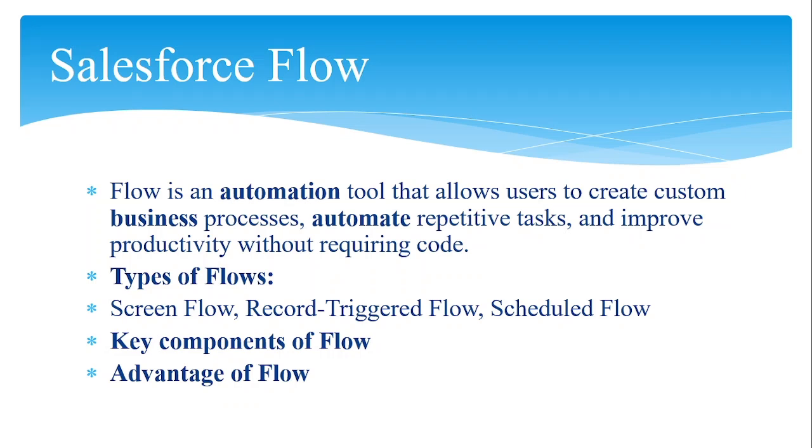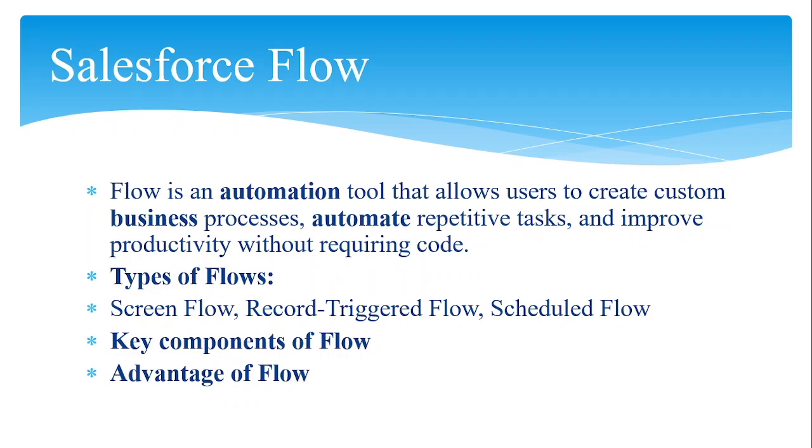So what are the key components of a flow? Here we have elements, resources and logic operators. Elements are the individual actions within a flow such as assignments or making decisions, loops and data actions.